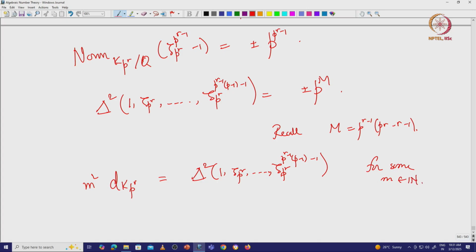So we want to show that m is 1, and m is a power of p, because the discriminant of this quantity is also a power of p.